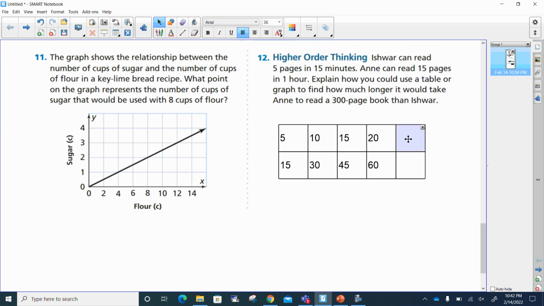And now 5 more up here would be 25, and 15 more here would be 75. All right, now this was Ishwar.